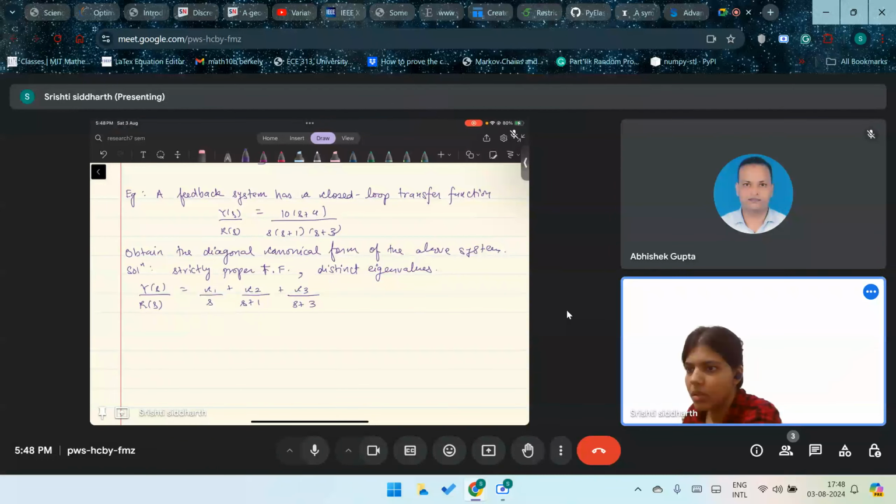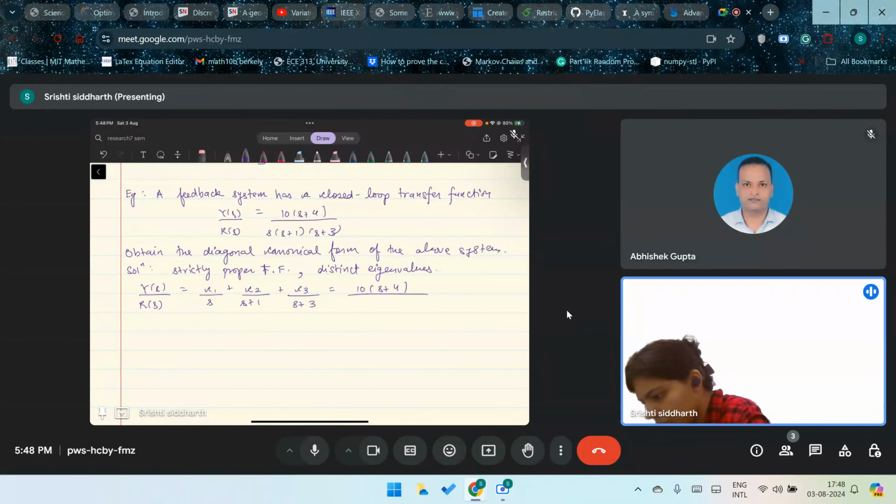Yeah, this is going to be 10 times s plus 4, s plus 1 and s plus 3. So we have just seen how to compute these coefficients. So C1 is going to be computed at s equals 0. So this is 40 over 3.